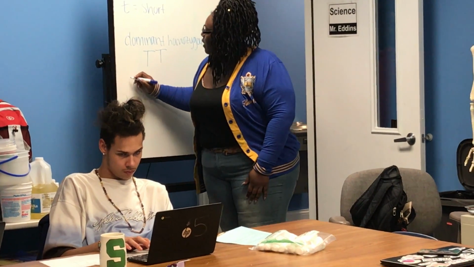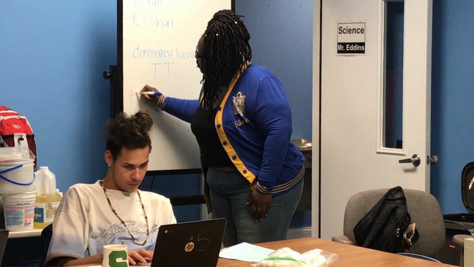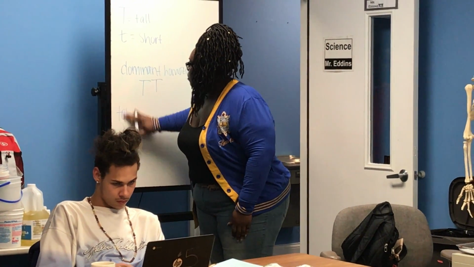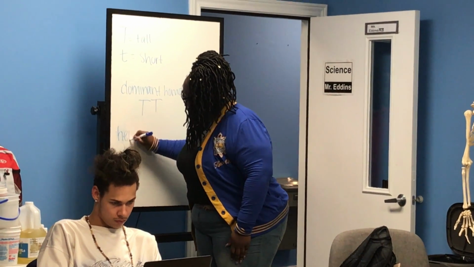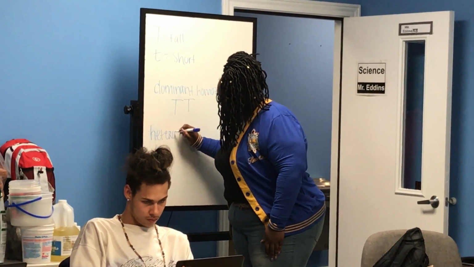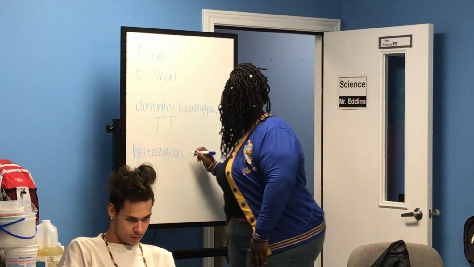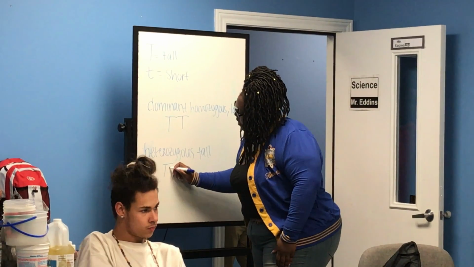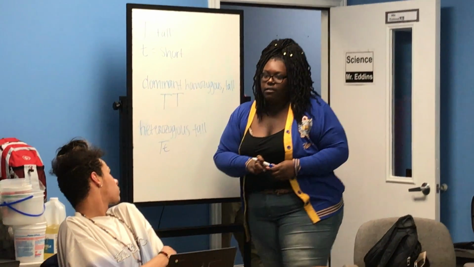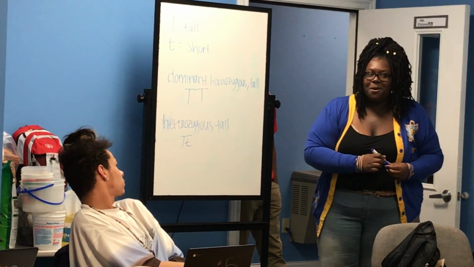And then a tall plant in general, well, I'll be more specific, a heterozygous tall plant would be a big T and a little t. Do you all follow that? Does that make sense? Yes? No? Okay.